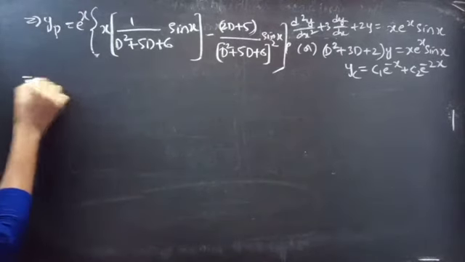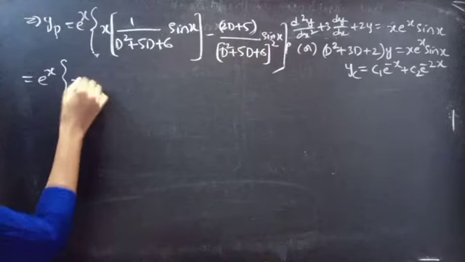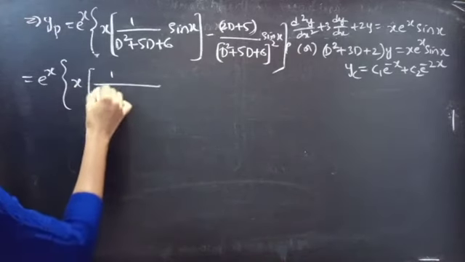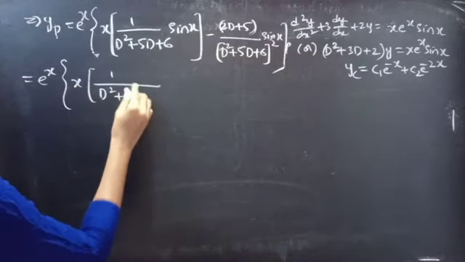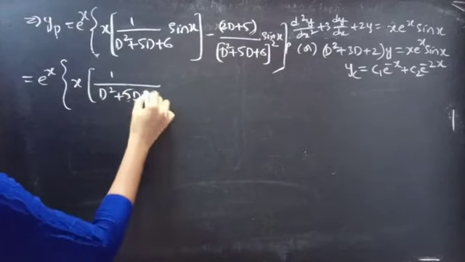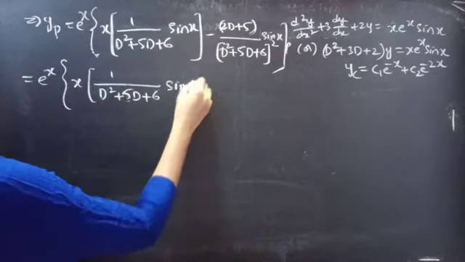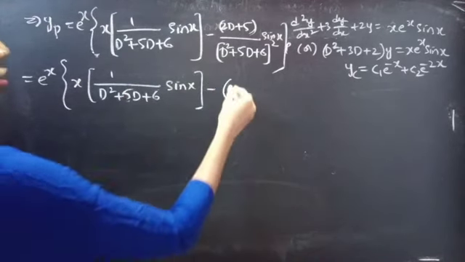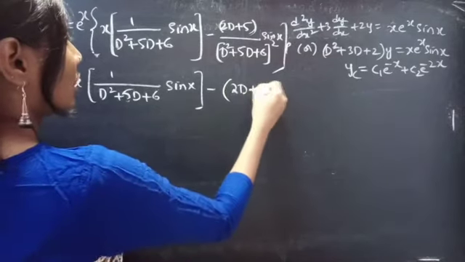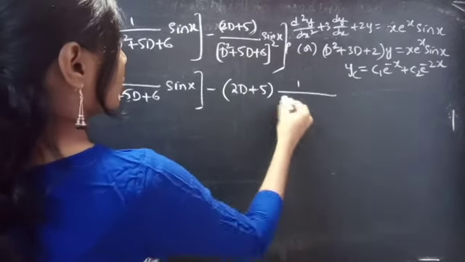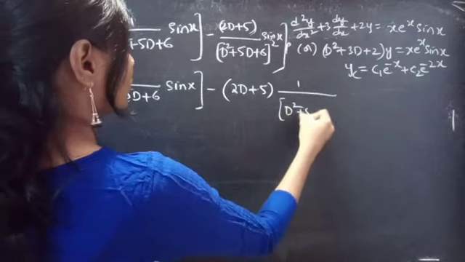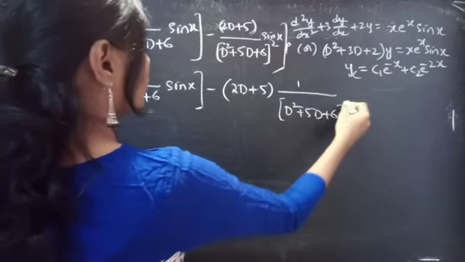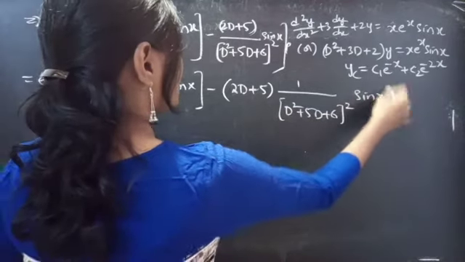Also we can write it as e power x into x into 1 by some function of D into sin x minus 2D plus 5 into 1 by some function of D whole square into sin x.